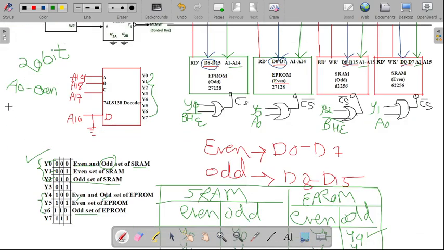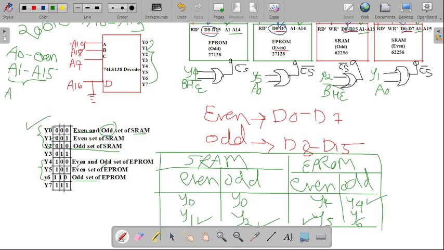So for A1 to A15, we are considering this highest number for our address lines that are already utilized in our ROM as well as in our RAM. Now, which numbers will be remaining for our address line? If we are considering it for 20 bits, then it should be A0 to A19. So A0 is already done, and A1 to A15 is already done.